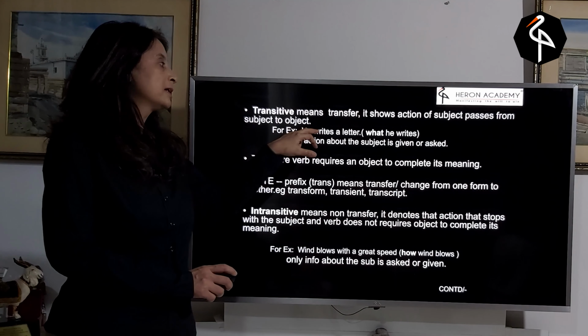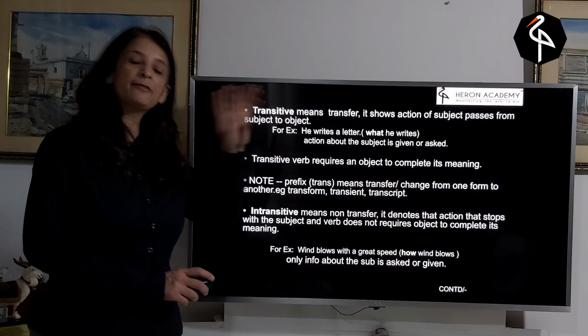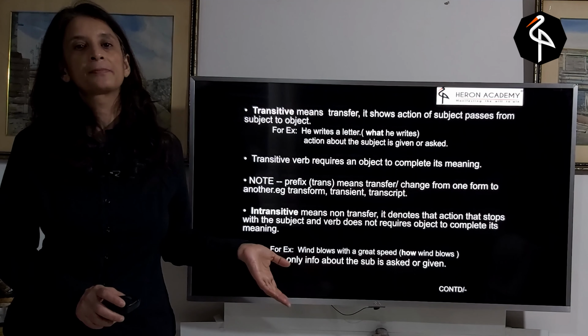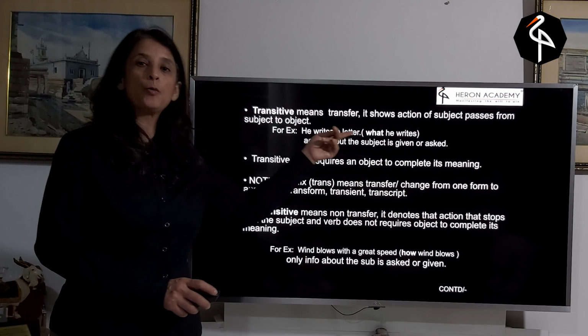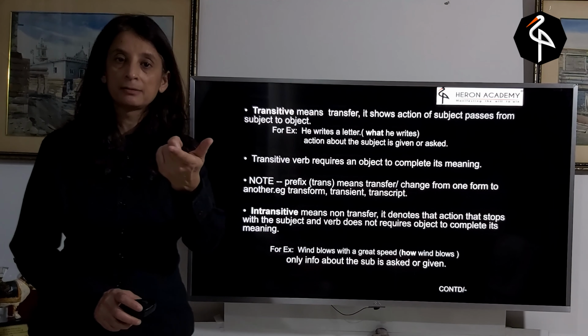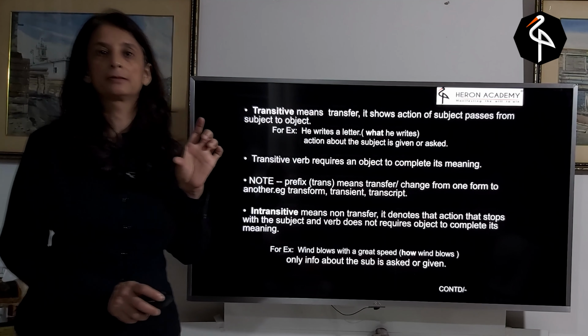So this is a transitive verb. If you only say "he writes," the statement is incomplete. You will require an object after the verb to complete the statement.